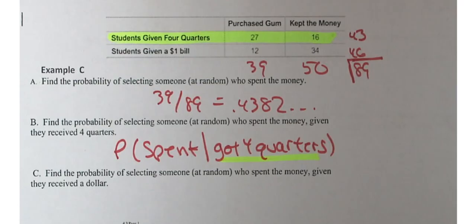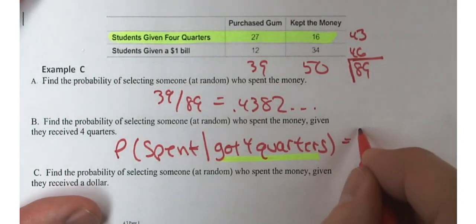The ones who got the 4 quarters. You're not looking at 89 people anymore. How many are we looking at? 43. Of those 43, what's the probability that you spent the 4 quarters? 27 over 43.